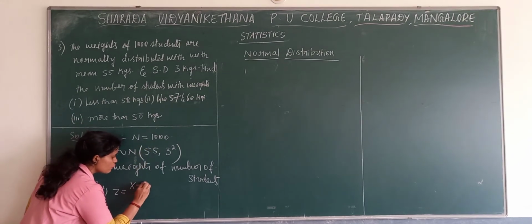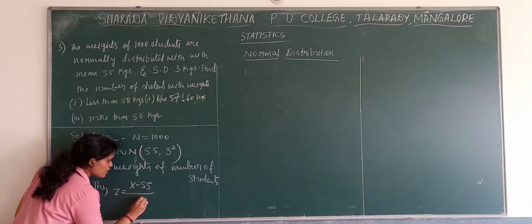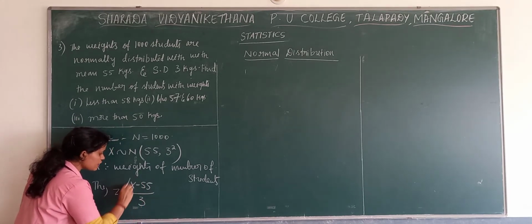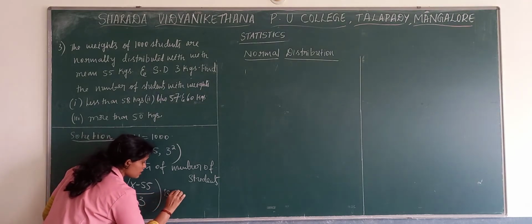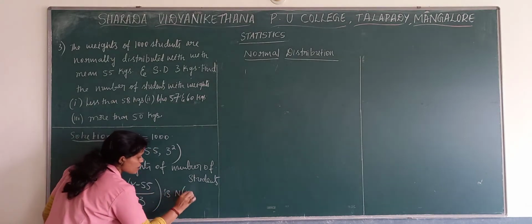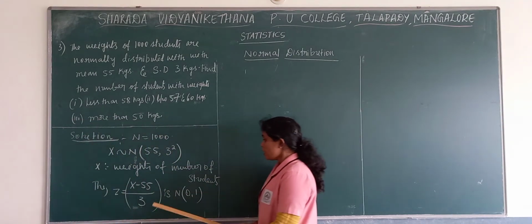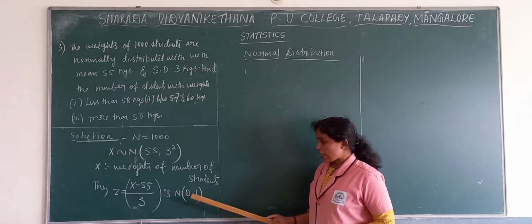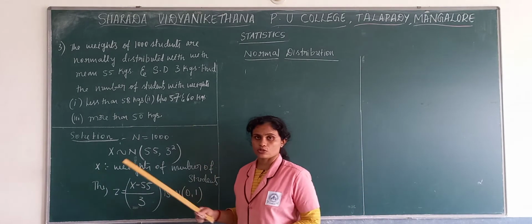Mu is 55 divided by standard deviation 3, and here it is N(0, 1). What is that 0 and 1? 0 is the mean and 1 is the standard deviation of the standard normal distribution.